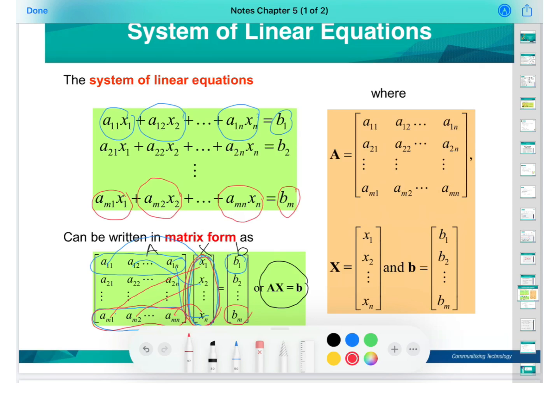That's why this system of linear equations can be written in matrix form like this.